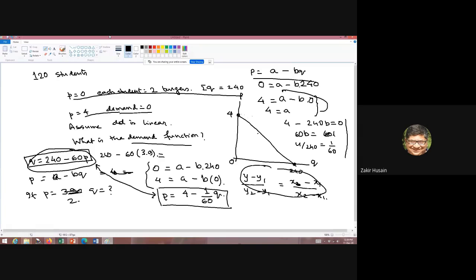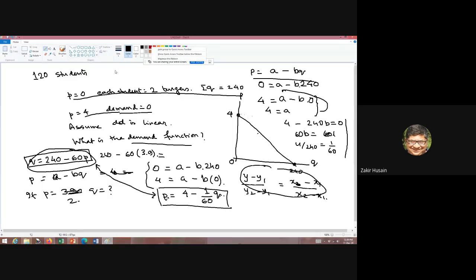So I'm putting this into the equation: P equals 4 minus 1 by 60 Q. If I put in any value of P, I can get the corresponding Q. Similarly for Q, I can get a value of P.